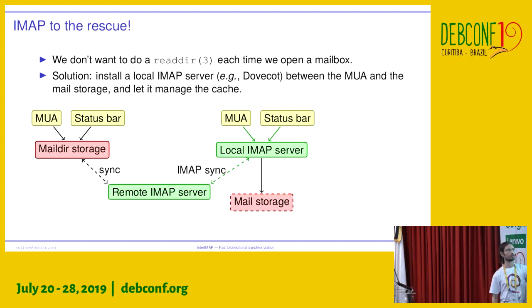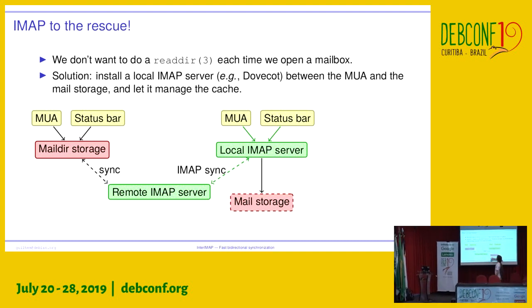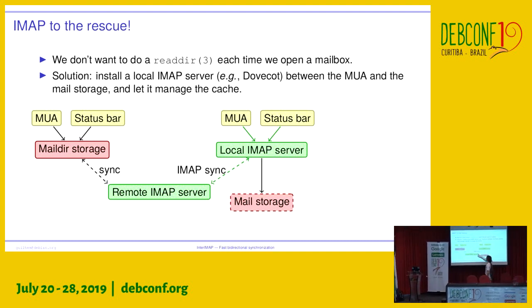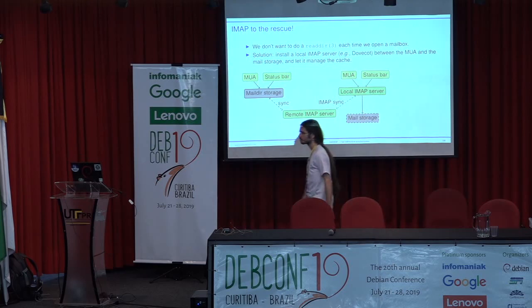And what I would like to move to is teaching the IMAP protocol to the status bar and the mail client, and then use bidirectional IMAP synchronization instead of maildir to IMAP synchronization there. And the mail storage itself is abstracted over, and you don't access it directly, you only see it through the IMAP lens.